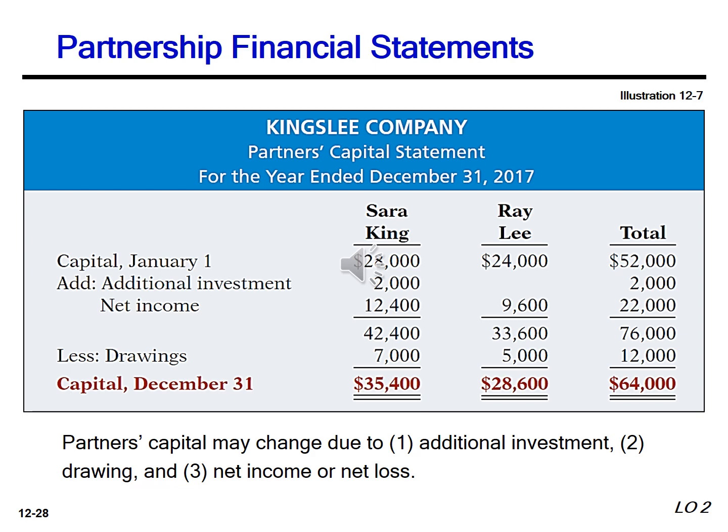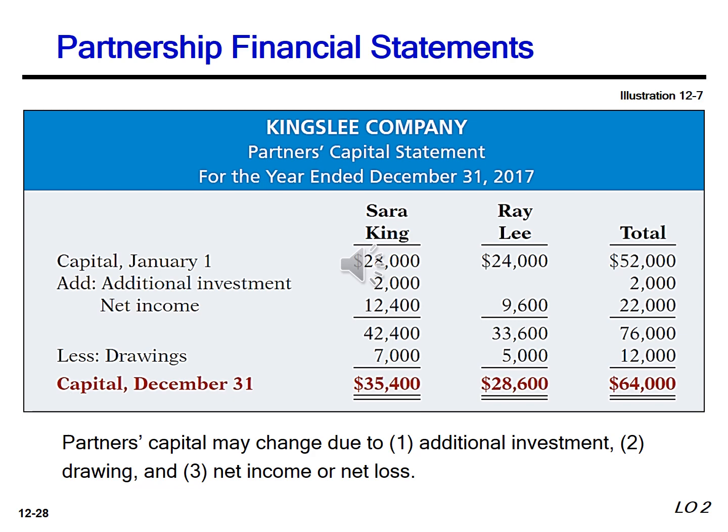So as you can see, we start with the capital at the beginning of the year, on January 1st, where Sarah King had contributed 28,000 and Ray Lee contributed 24,000, which gives us a total of 52,000. Now we add all the additional investments throughout the year. Sarah King put in $2,000 more.